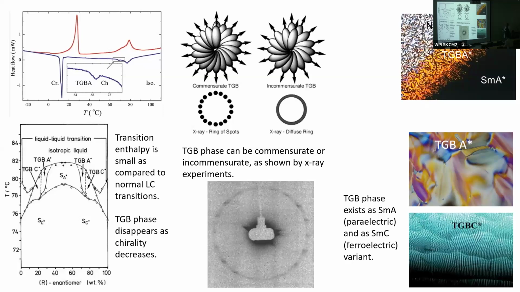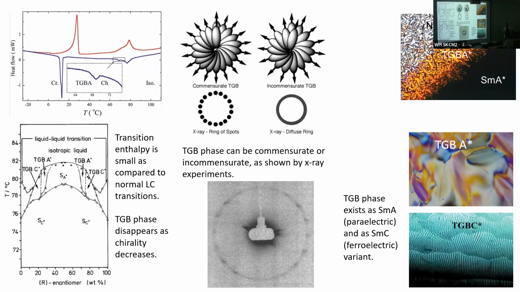And the transition enthalpies that you have are actually very small, quite hard to see. It depends very much on chirality. So if you decrease the chirality of your system, the TGB phases will vanish, but they can be commensurate or they can be incommensurate. Both of these cases have been seen.